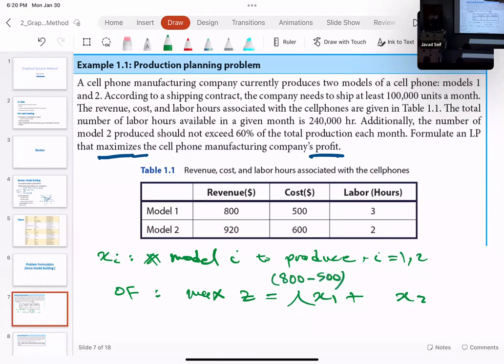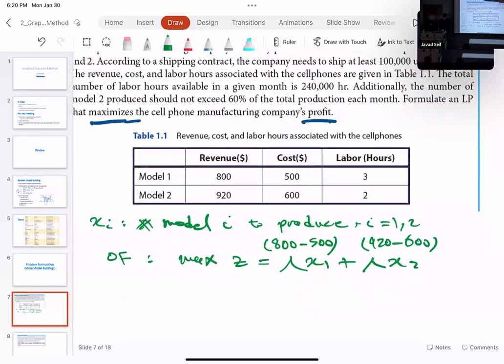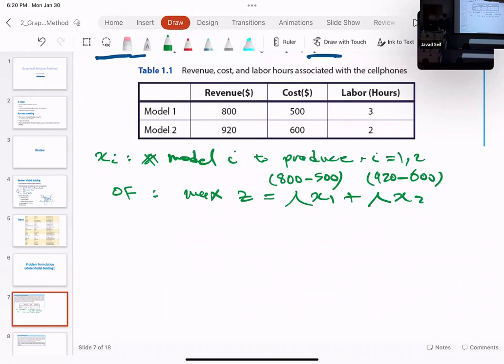That's how much profit I will have from model 1, and then here 920 minus 600, right? Then this objective function. So if you give this to the computer and ask it to solve it, what's going to be the answer?